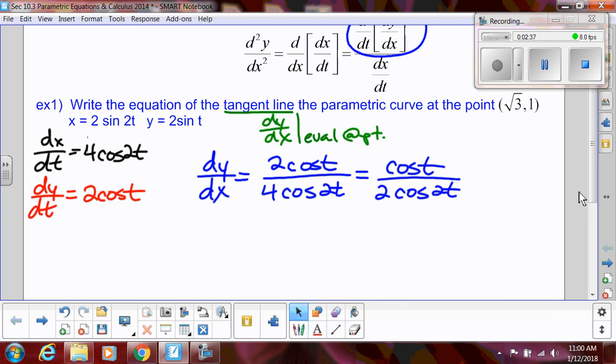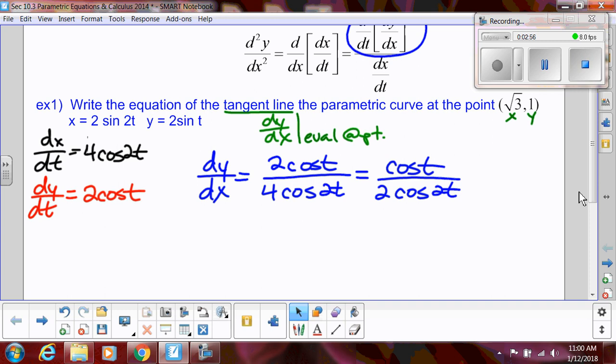Now this point is an x-coordinate and a y-coordinate, but my dy/dx is in terms of t. So I need to figure out what t is when I have x equal to root 3 and y equal to 1. So all we do is set that equal.